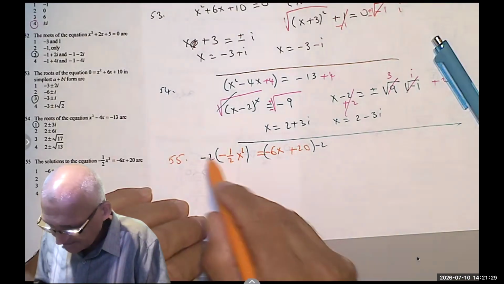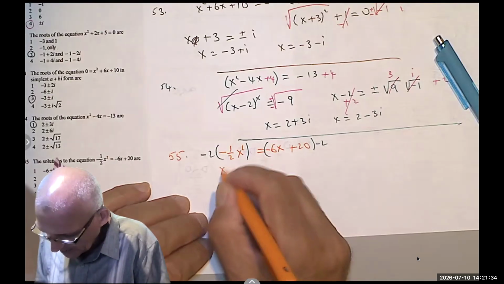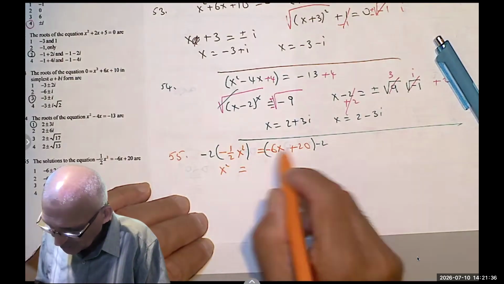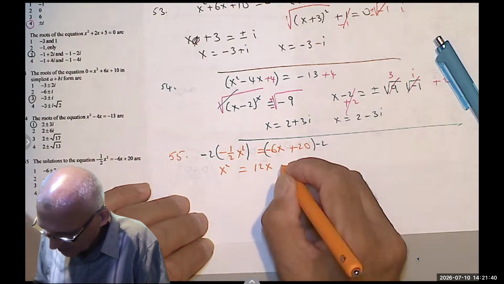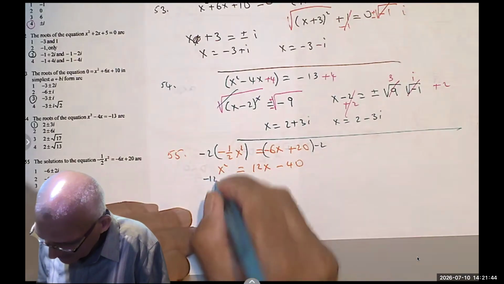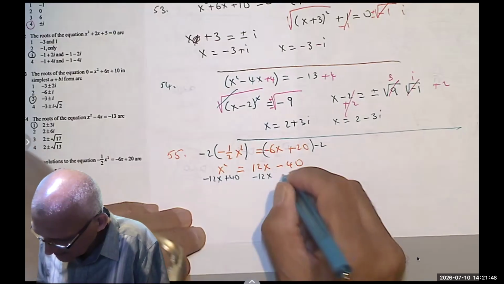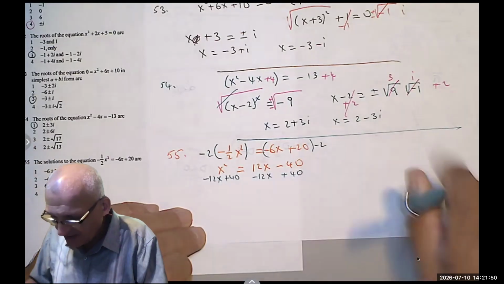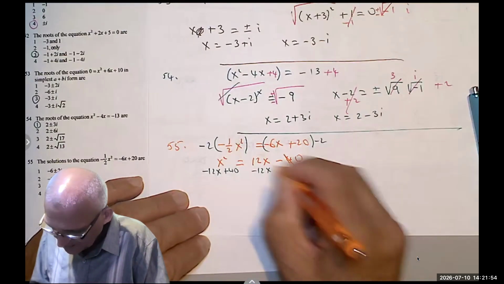So I get negative times negative is positive, 2 times 1/2 is 1, so I get x squared equals negative 2 times negative 6 is 12x, negative 2 times 20 is minus 40. Then I'm going to subtract 12x and add 40 to both sides, or I could have left the 40 like we did here. It's really up to you.